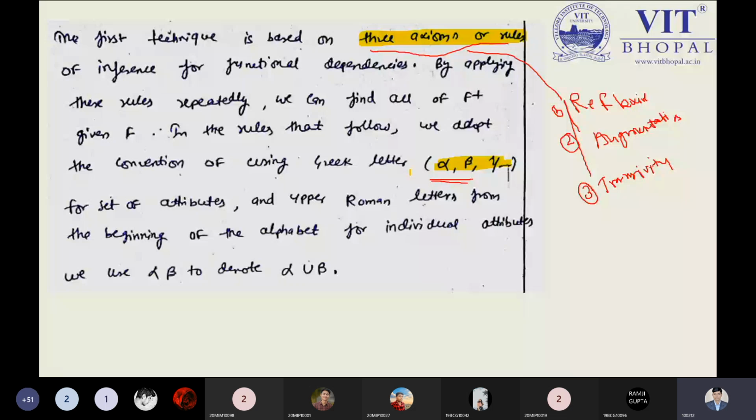The rules and axioms you remember are recognized as Armstrong's axioms. These Armstrong axioms can be applied on basic mathematics, as we have seen in Boolean algebra. If you remember some mathematical concepts, you can use them properly while solving the problem.